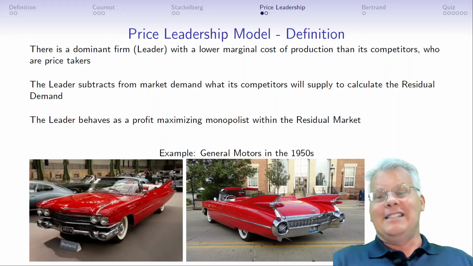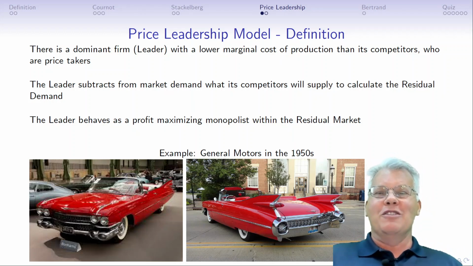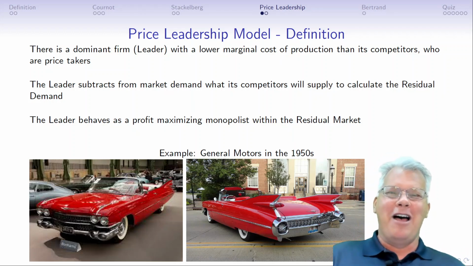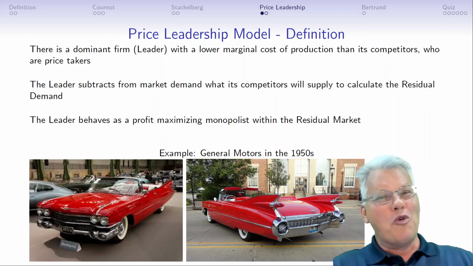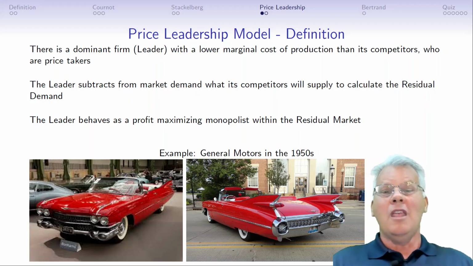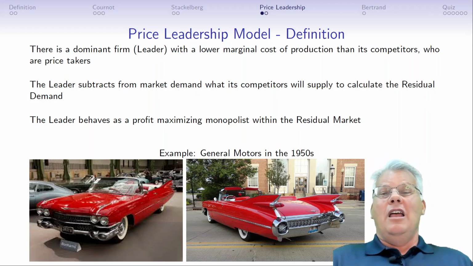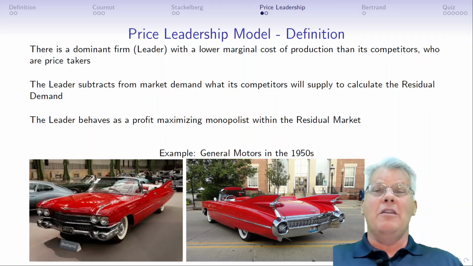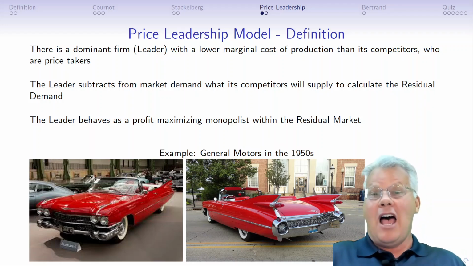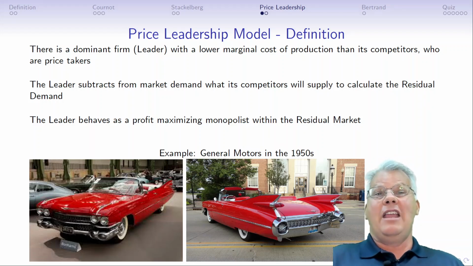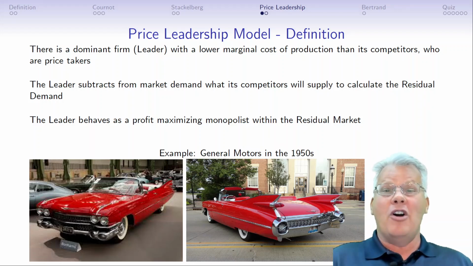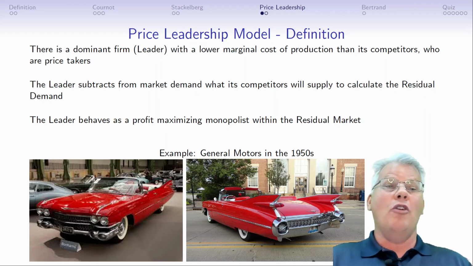Now, an example of the price leadership model, I had to take my chance to show you more car pictures. General Motors in the 1950s was incredibly dominant within the American car market. At its high point, General Motors had 50% of the American car market all to itself.